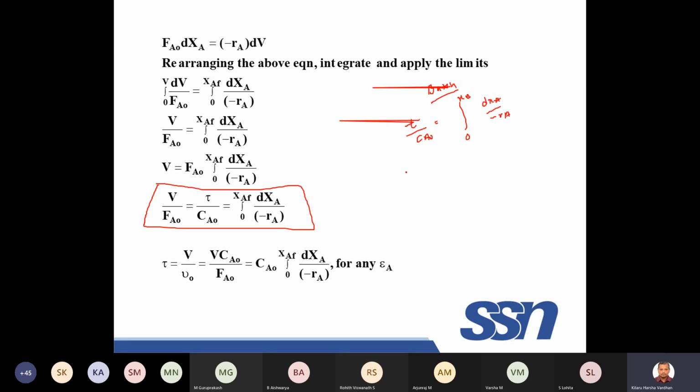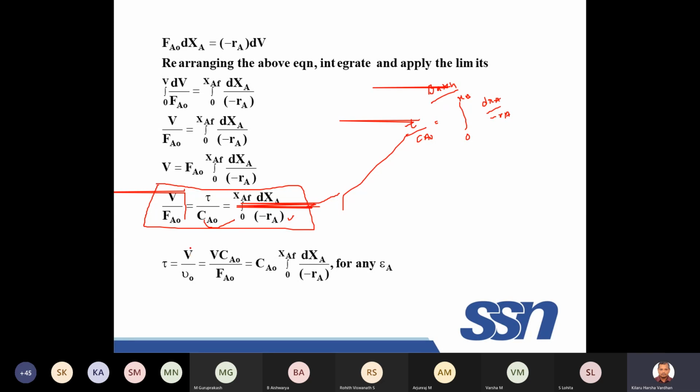This is the batch reactor, right? What is the difference between that expression and this expression? Tau, that's the time, by CA0 is integral 0 to XAf dXA by minus rA. Only V by FA0 is extra, but I can compare these two, right?